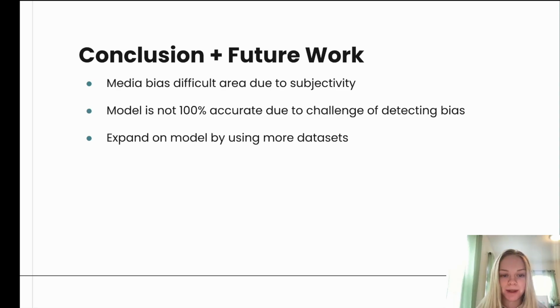With the model not being 100% accurate due to these challenges, we found it would be useful to expand on our model by pre-training on different datasets, potentially looking into using the MBIB dataset, which contains a lot more data and could help make our model more accurate. But overall, we learned that this area is definitely a difficult task to use AI for, just due to bias itself being difficult for a human to even identify. So we are hoping to expand on this by including more data.